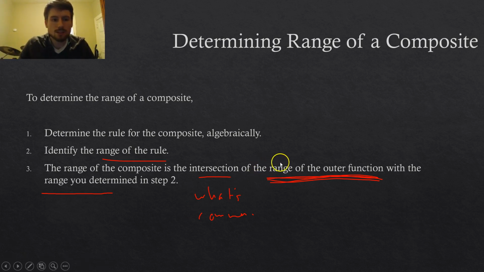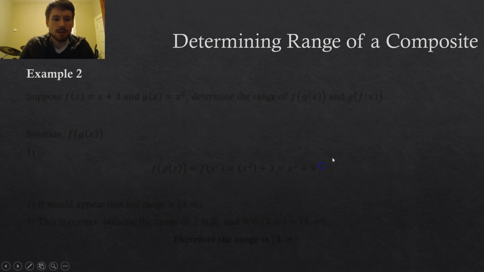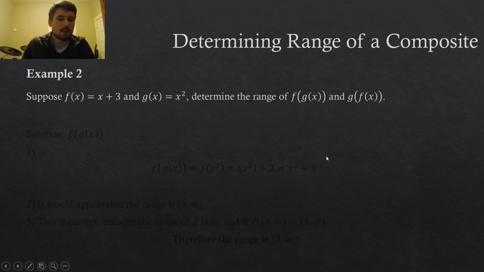All right, so then let's try to actually determine the range of a composite algebraically. Okay, so here we've got a linear function, f of x equals x plus 3, and g of x equals x squared, which is a quadratic. Let's look at the ranges of both f of g of x and g of f of x.